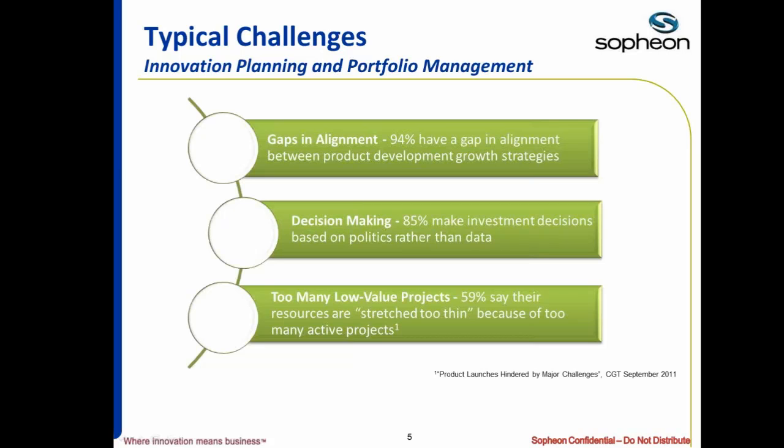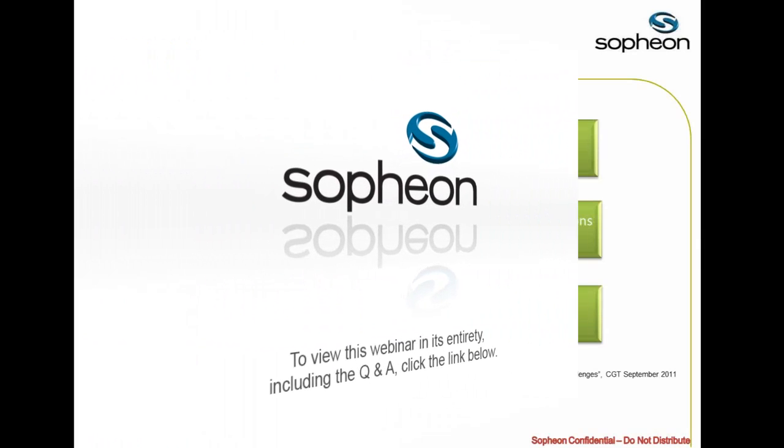Nearly 60% say that the resources within their product development space is stretched too thin, too many projects, and too many low-value projects. So why are these issues of concern?